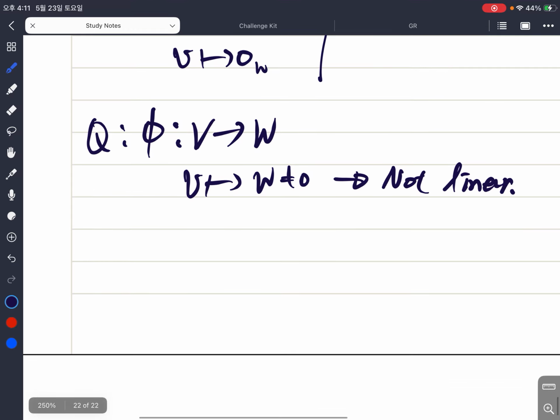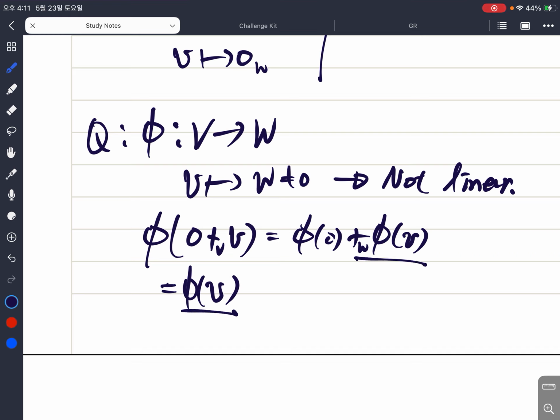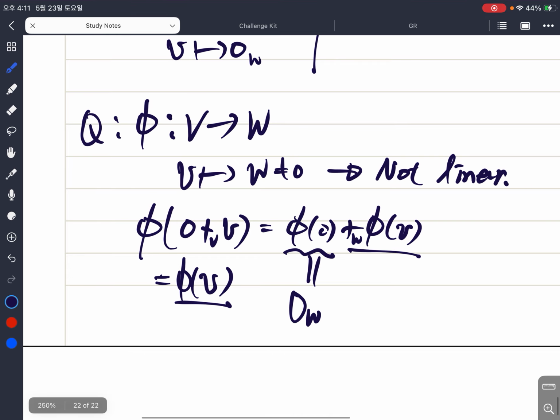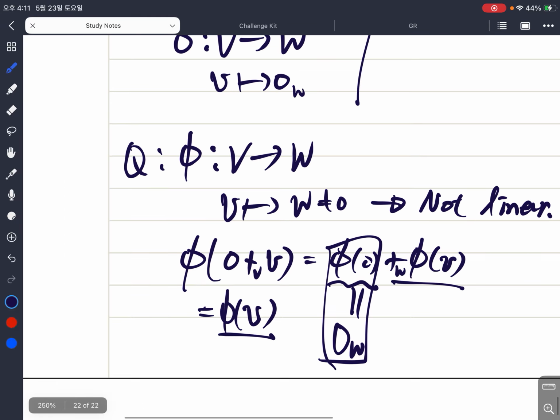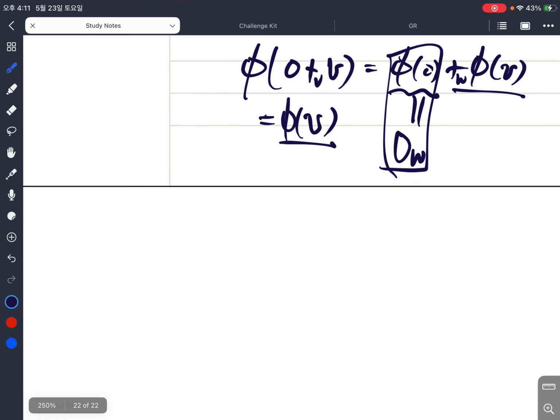It is simple. You have phi of 0 plus v is phi 0 plus phi v. But this is nothing but phi v. So phi v is phi v plus something, which becomes the same. So this should be 0 in W, and 0 in W is unique, so you always need 0 in it. So it is not true. So this is not linear.